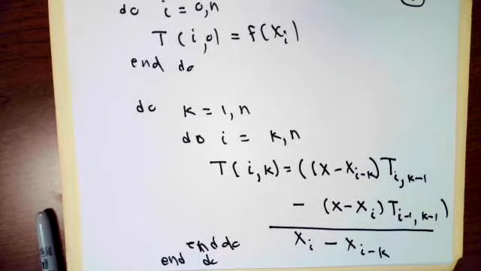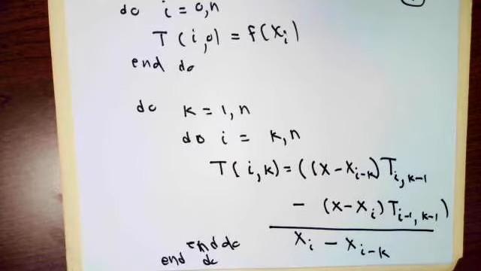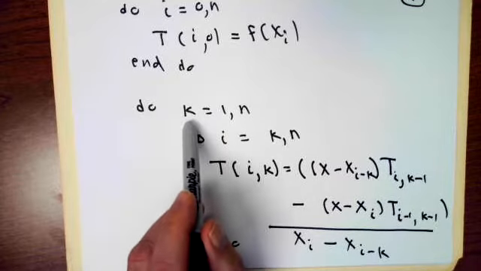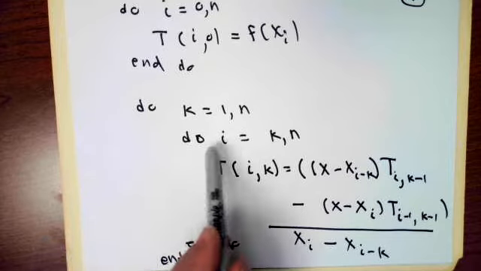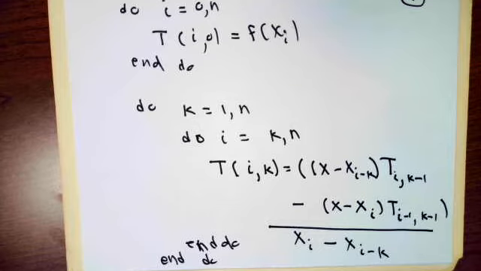So if I literally want to carry out Neville's method, but not form the literal polynomials, initially, I'll put the function values into column 0 of my table, then do k equal 1 to n, do i equal k to n, T_ik. This is the entry that's going to be in row i, column k, and I'm forming this as a lower triangular structure, taking into account all the indexing that we've done.